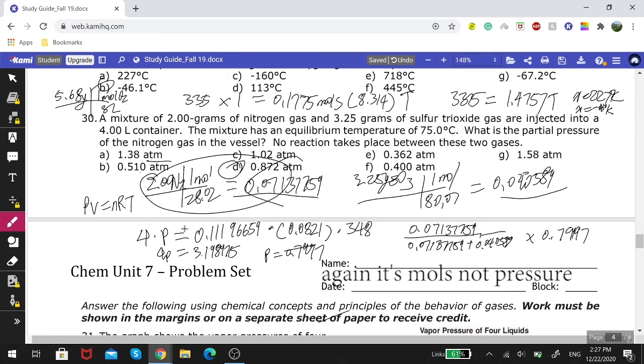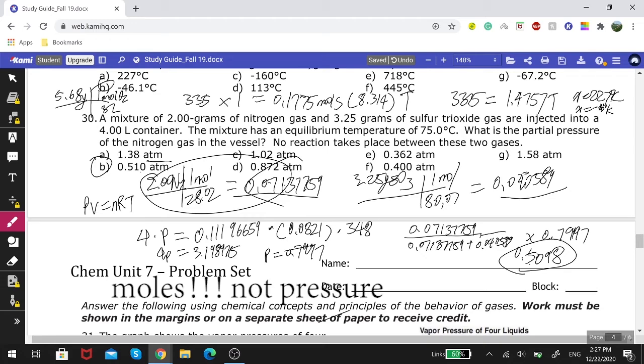You use the amount you're looking for divided by the total and multiply it by the pressure of the container. So 0.07137759 divided by the total, which is 0.111966659, multiplied by 0.7997 gives us an answer of 0.5098, and the answer is not D.